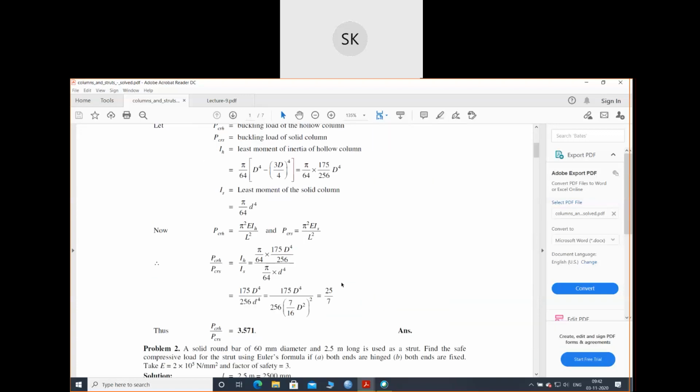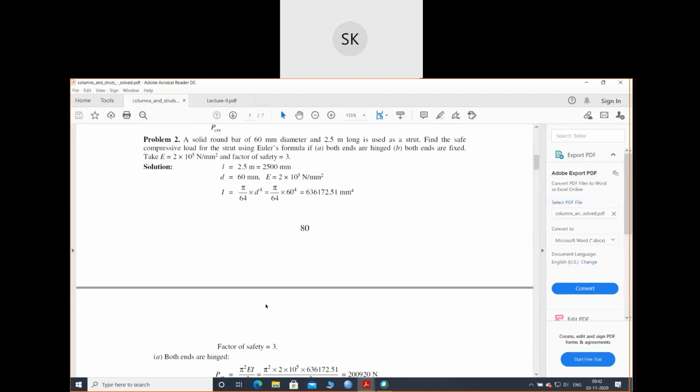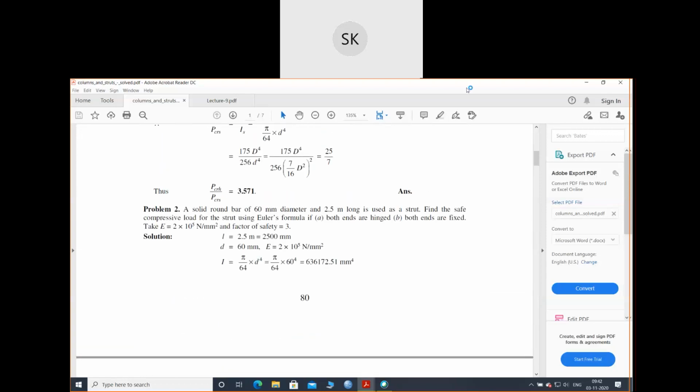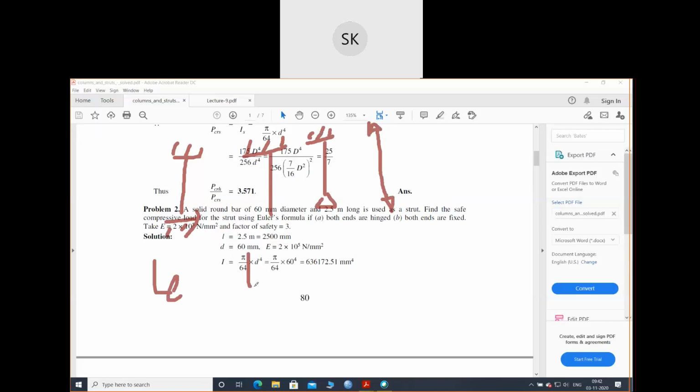The basic is you should know the conditions, the different effective length values, different Le values, for different conditions. There are basically four main conditions: both ends fixed, one end fixed and another end free, one end fixed and another end hinged, and both ends hinged. For these four conditions, you should know the effective length.